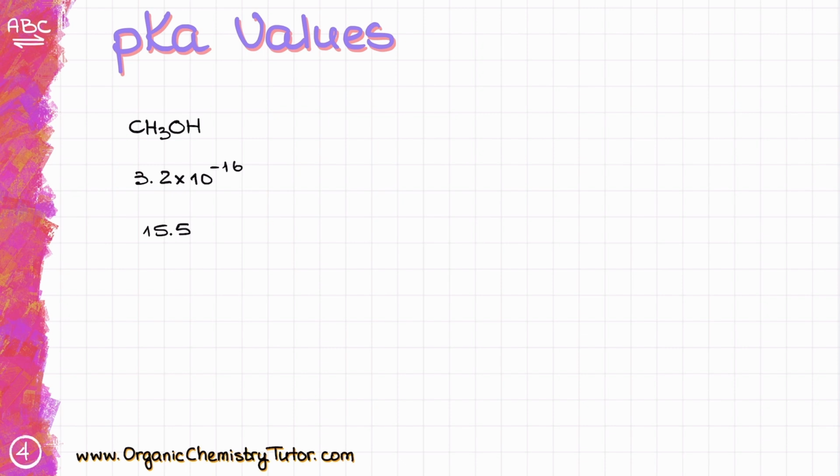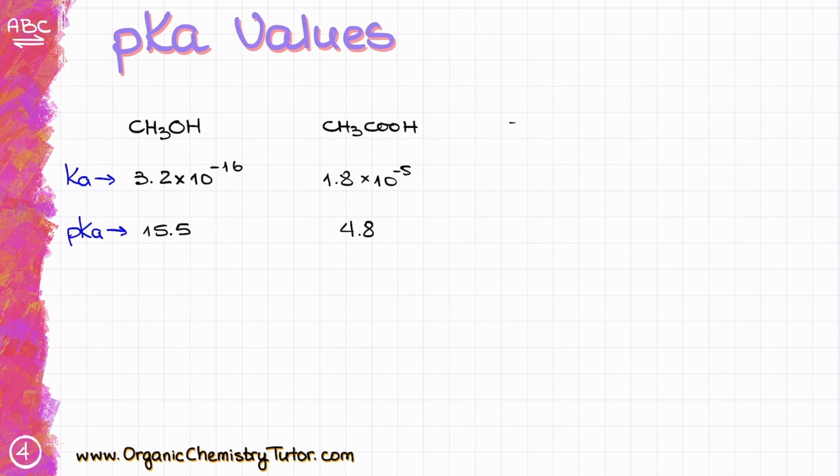So this row is going to be my Ka values, this row is going to be my pKa values. The next one, let's say I'm going to take the acetic acid, CH3COOH, the one that I have already looked at. The Ka value for that is about 1.8 times 10 to the -5th. The pKa value is going to be roughly 4.8.